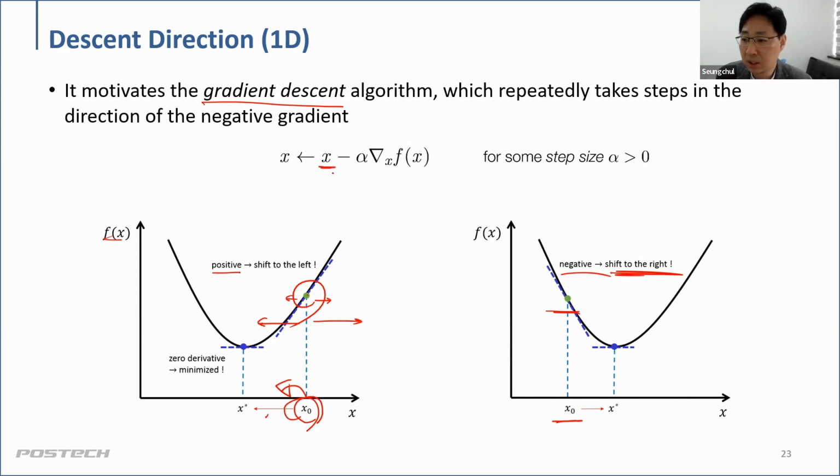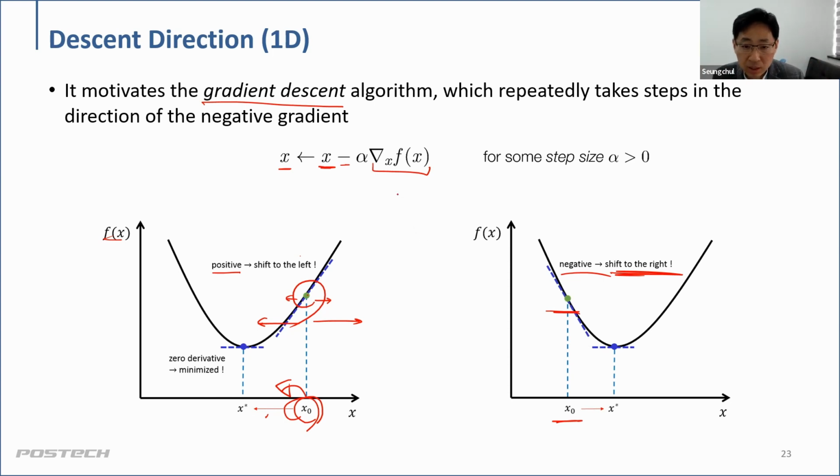This is the initial guess where we are right now, and we compute the gradient. If that's positive, we have to take the minus. We have to update it, moving the candidate for the optimal solution to the left.